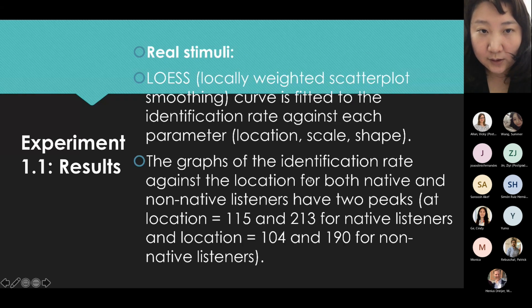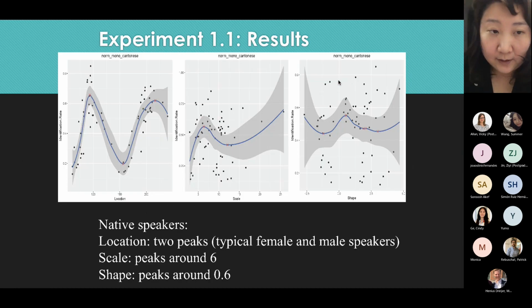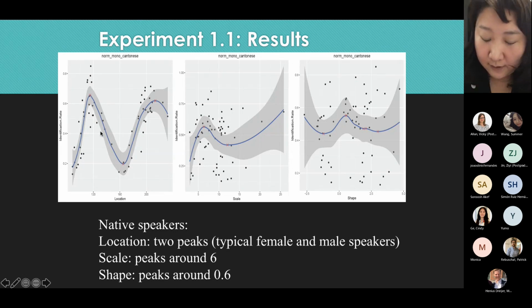But not only are we interested in that, we also wanted to know if you look at different values of the parameter, will we also have different identification rates associated with those parameters? So that's what we did, to take a look at the identification curve with respect to these values of these parameters.